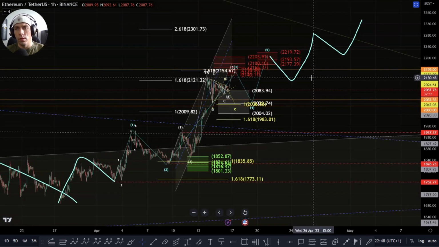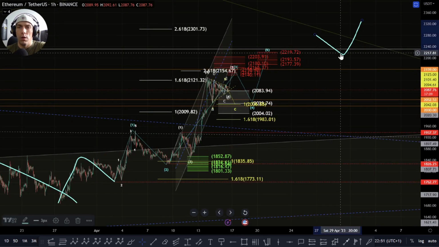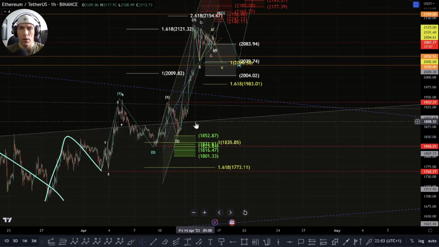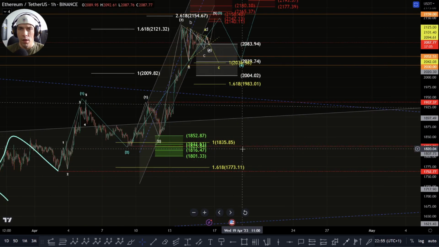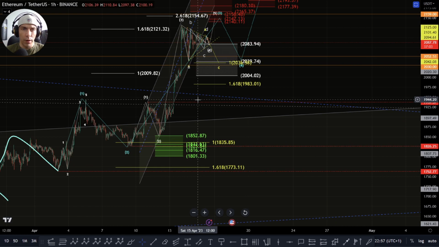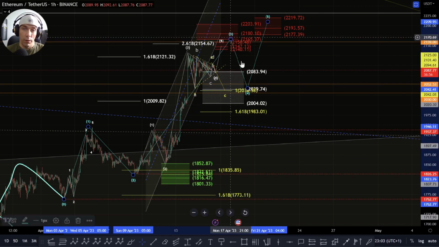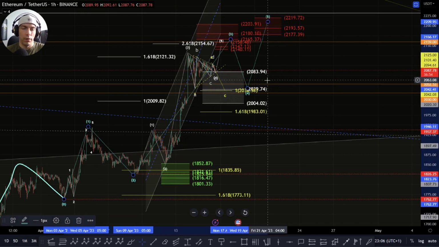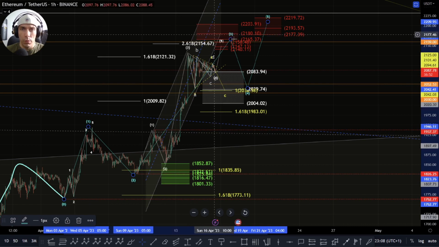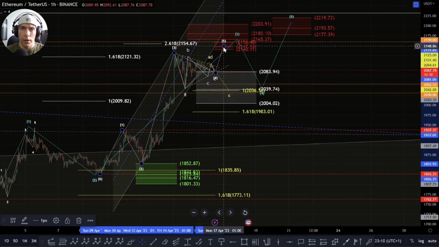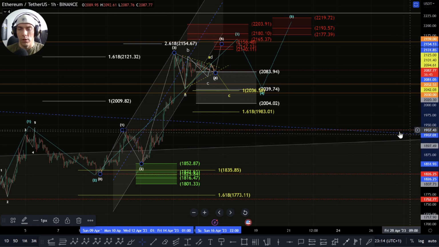So the key thing within this structure is we don't want to lose any lows. If we start to break down and take some of these key areas, primarily, I wouldn't want to come down below this 1943 if we are looking for this additional third wave to play out after we complete this white fifth wave. But until we complete this white fifth wave within the count, which would be this one here, what I don't want to see is a move down past this 1937.